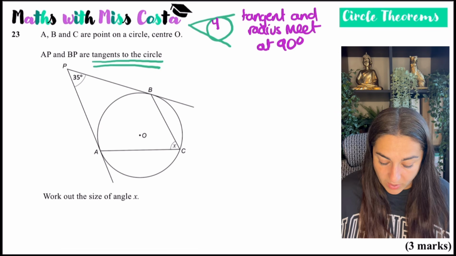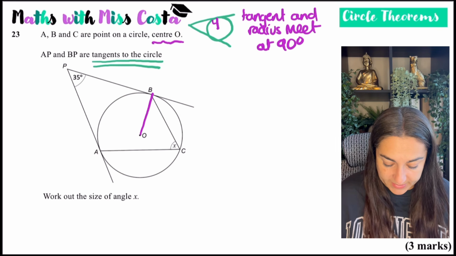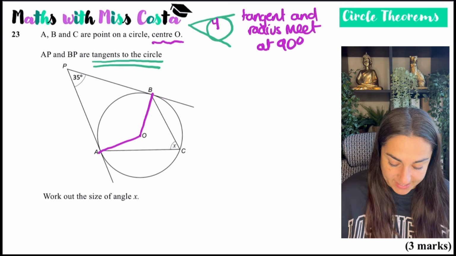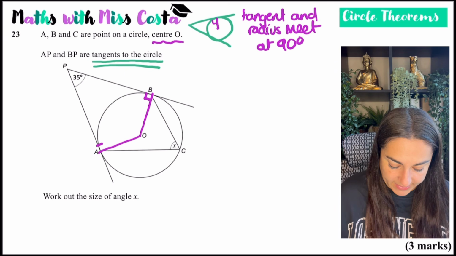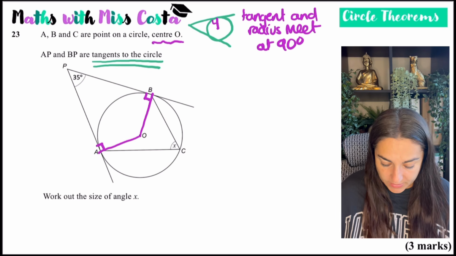So what I could do, because I've been given the centre O, is just draw a little radius here and here. And I know that the radius and the tangent are going to meet at 90 degrees. So there I've formed a kind of quadrilateral.